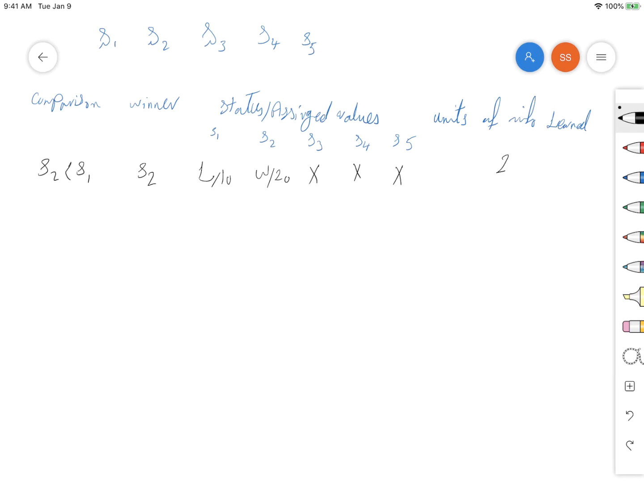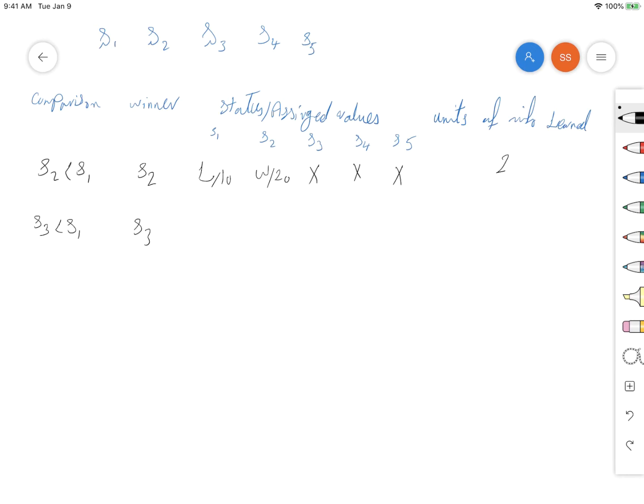Instead, we are going to check whether S3 is less than S1 or not. And let's say that the answer to this question is no, so it means that S3 is the winner. So what happens?